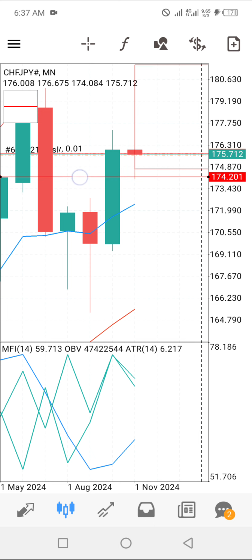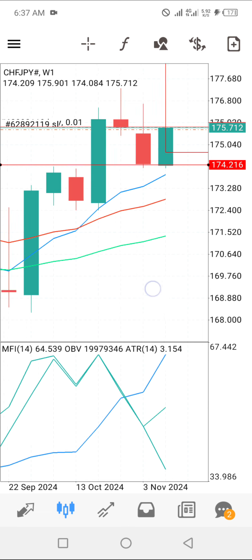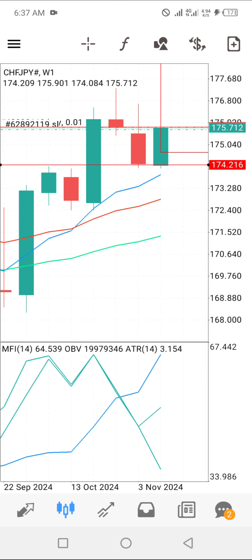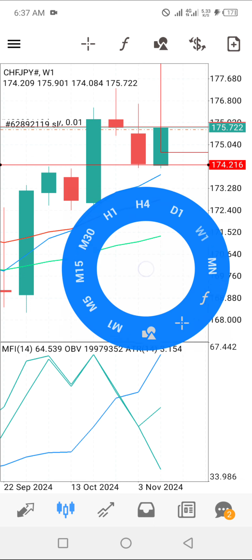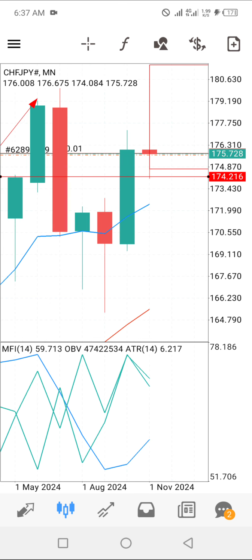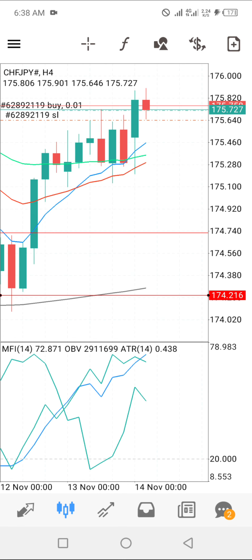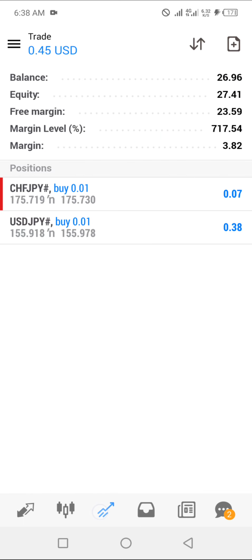It came here, and we can view this on the weekly. You can see that is the same level it came to, I think almost 50 or 61.8% of the weekly candle, and maybe 38.2% of the monthly candle. So it is now showing signs of recovery, and we are taking the trade, but it is currently experiencing some pullback.